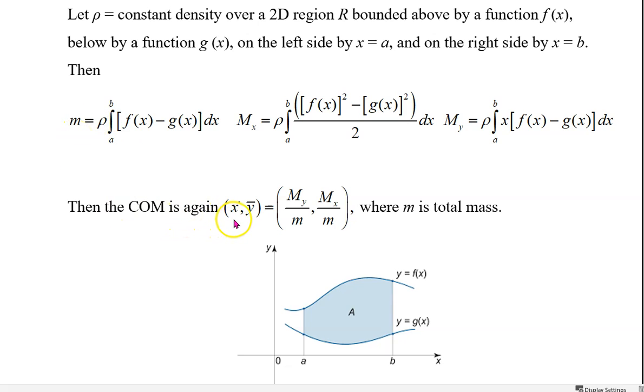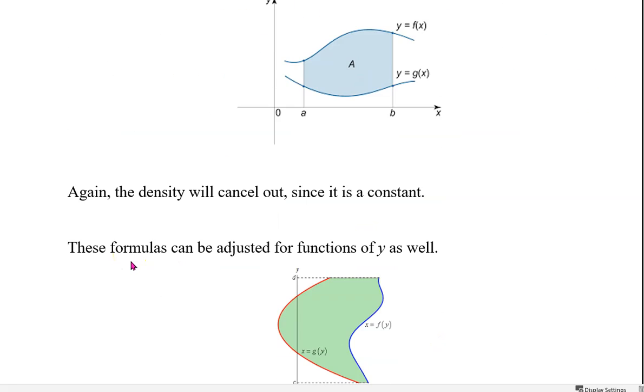Our center of mass will be given by x bar, y bar, and since our density is constant, it'll also be the centroid. This time, though, we have a function on top and a function on bottom. How is this going to affect things?